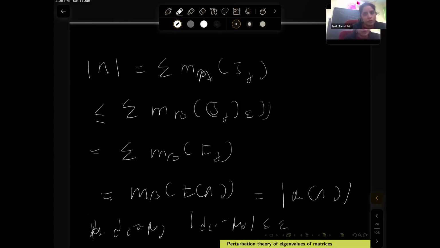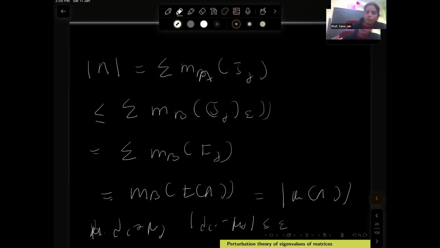That means there is a permutation τ such that |λ_i − μ_τ(i)| is less than or equal to epsilon for all i from 1 to n. So for one permutation, I have got that |λ_i − μ_τ(i)| is less than or equal to epsilon for all i.